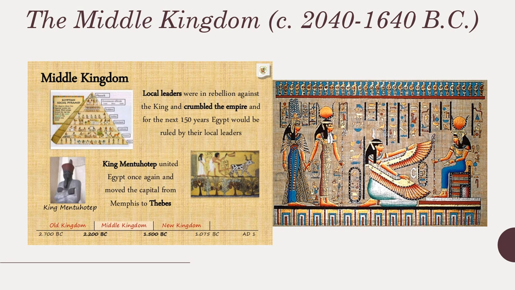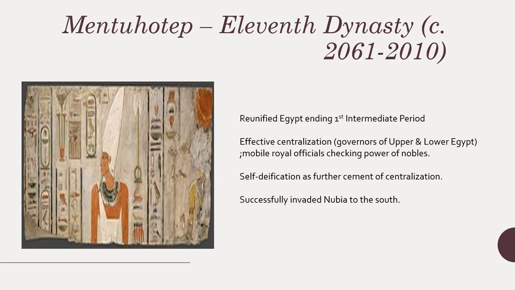Mentuhotep, one of the most famous of all pharaohs, and we see a move of the capital from Memphis to Thebes, also on the screen. Mentuhotep of the 11th Dynasty is the guy who basically reunified Egypt after the intermediate period. He effectively centralized power and control again.